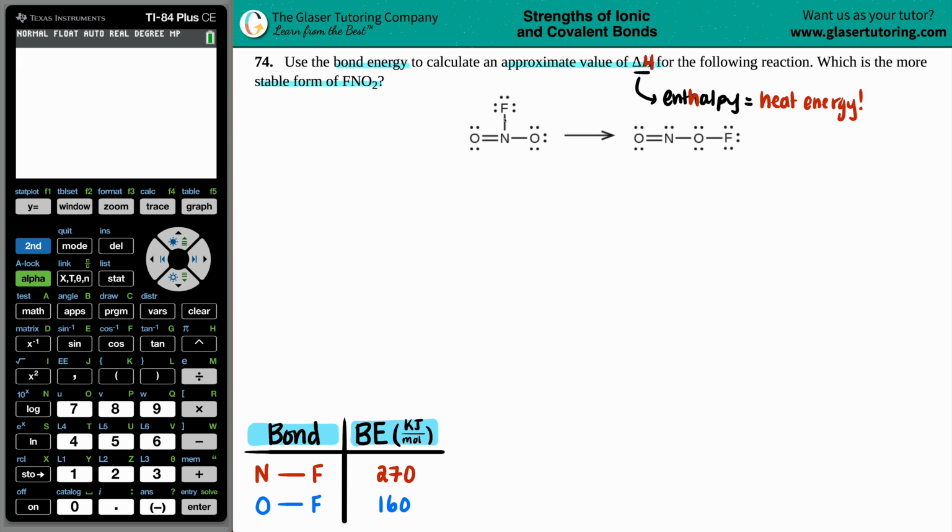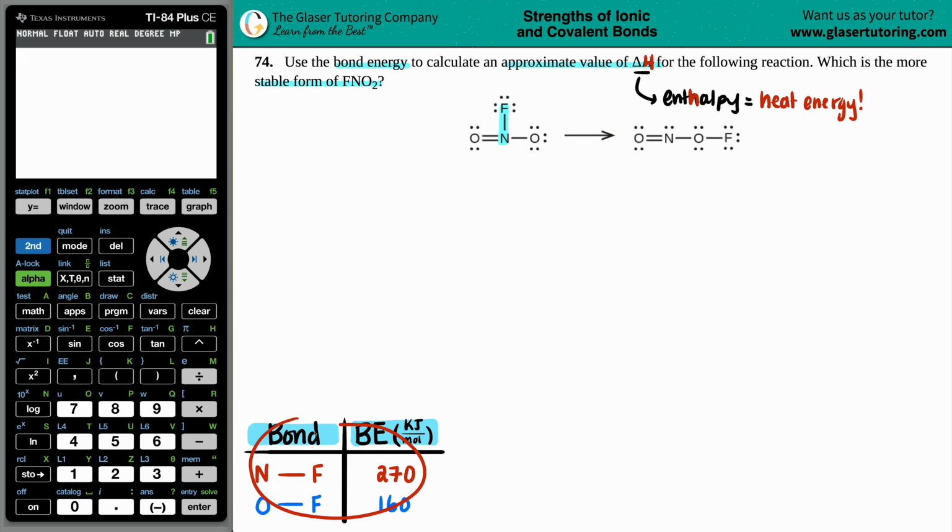But then I look at the F single bond N, or the N single bond F, and here's the N, but there's no bond to an F. So that means that this bond, since it was on the reactant side, had to have broken, because it's not here anymore. So this amount of energy that is required to break that bond, that's super important.